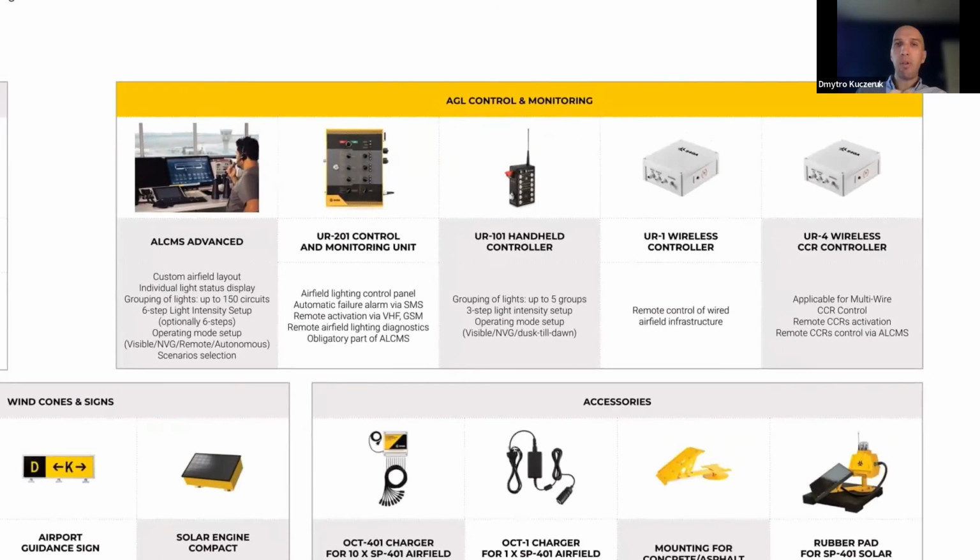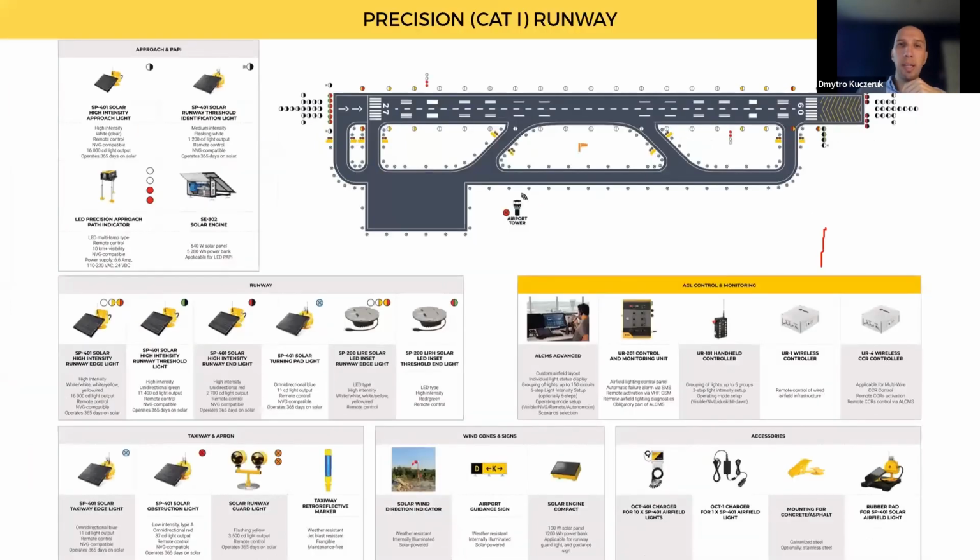Also, we provide wireless controllers that, for example, we can use to control existing devices in the airport. Let's imagine we have an apron light installed in the airport, apron illumination that we would like to control wirelessly from our LCMS system.